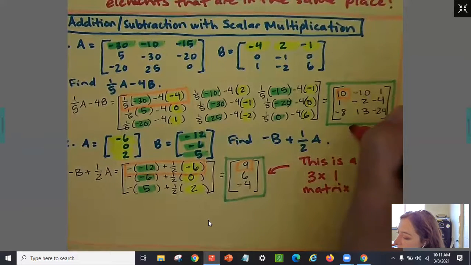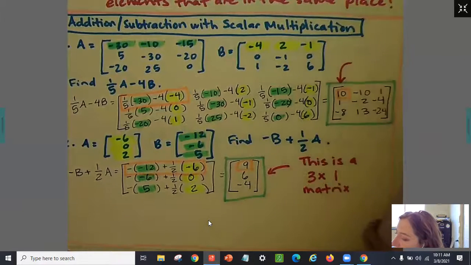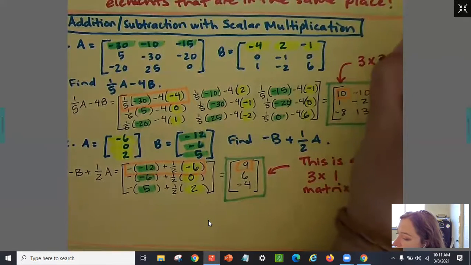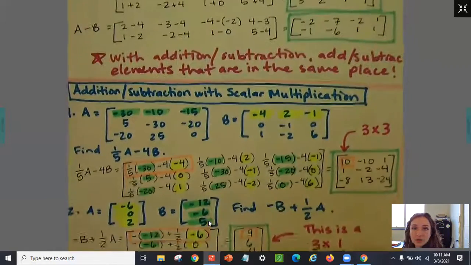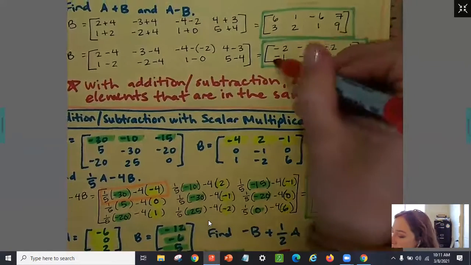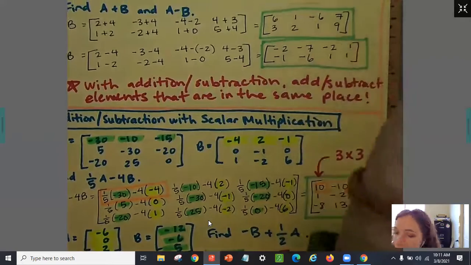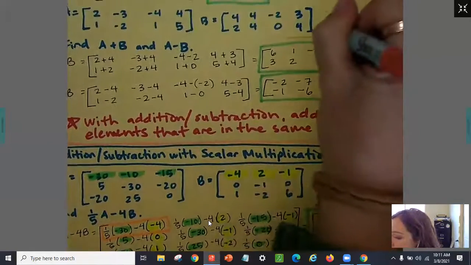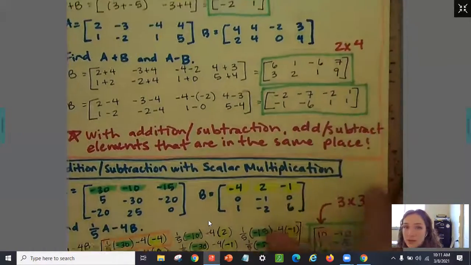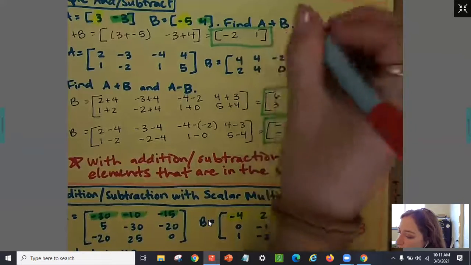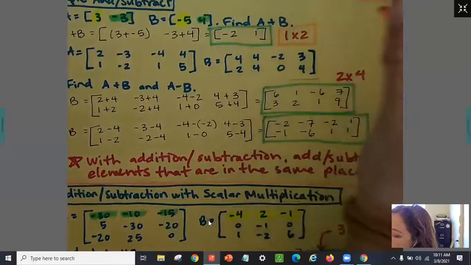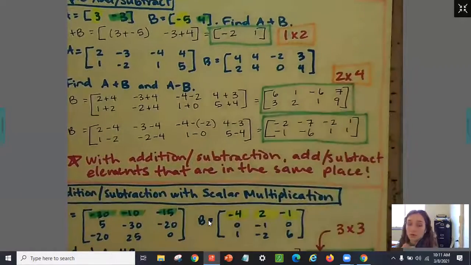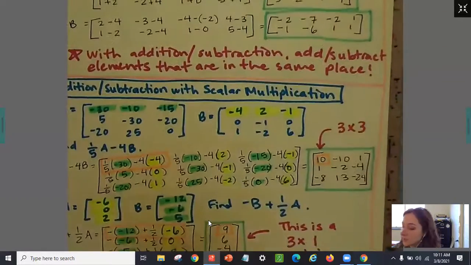This one is a 3 by 3 matrix. Looking up here, we have a 2 by 4. Both of these are 2 by 4s. And this one is a 1 by 2.